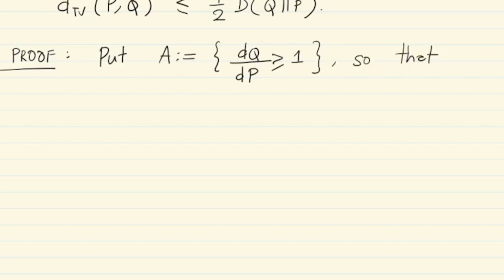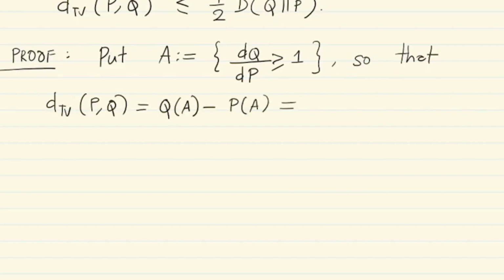So that d_TV, the total variation distance between P and Q, is Q(A) minus P(A), which one can write equivalently as E_Q[Z] minus E_P[Z], for the random variable Z being defined as the indicator random variable for the set A.